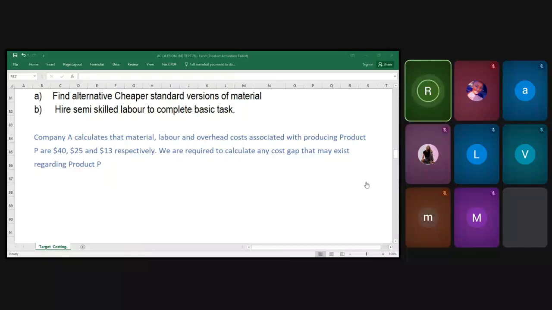Please try that question in blue there. Drop your answer in the chat box.